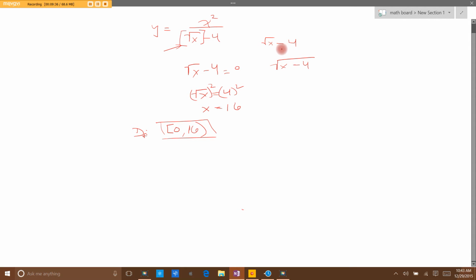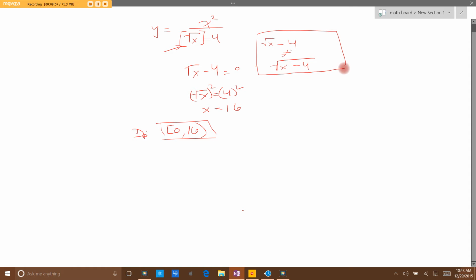So root x minus 4 versus root of x minus 4, they're not equal. They're not the same thing. They have different properties. That's a common area where students tend to get really confused, because I can understand why things may look alike, but understand that these are different entities. Anyways, keep that in mind.